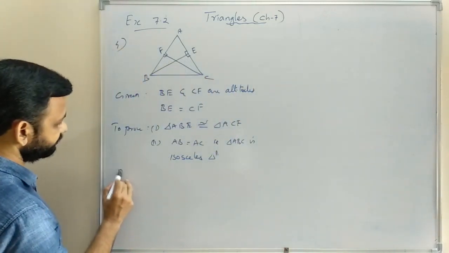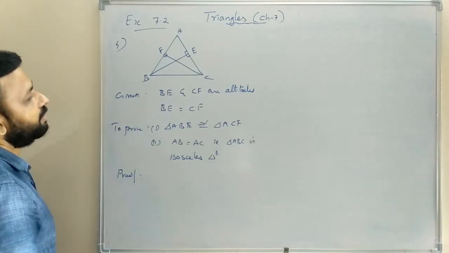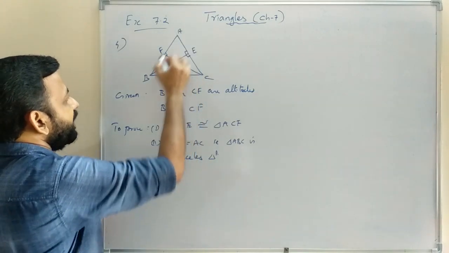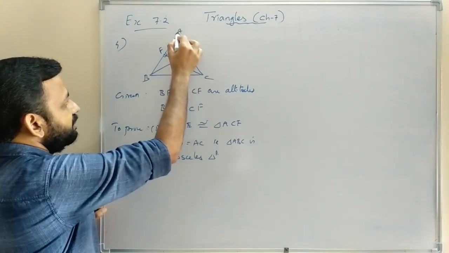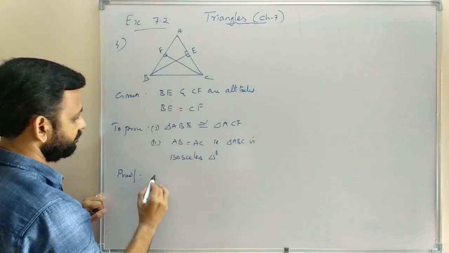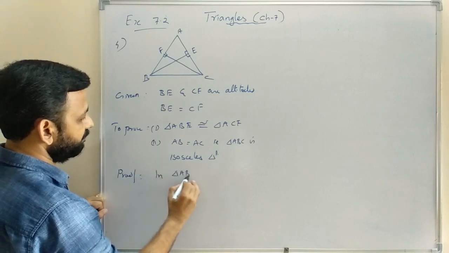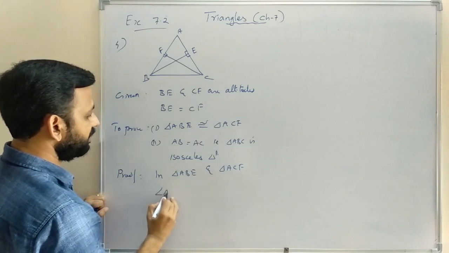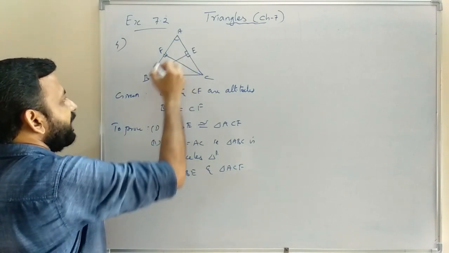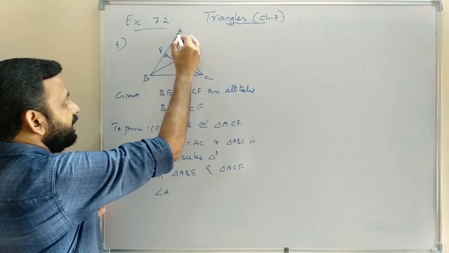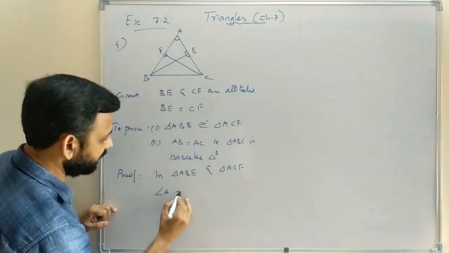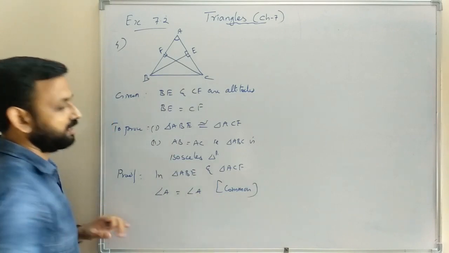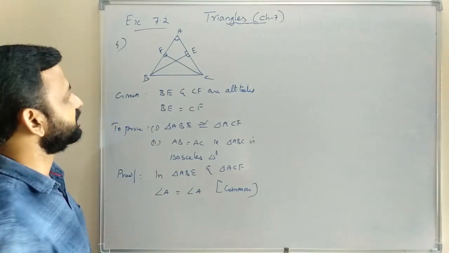So proof. We need to prove triangle ABE congruent to triangle ACF. In triangle ABE and triangle ACF, angle A of triangle ABE equals angle A of triangle ACF. Angle A equals angle A, reason common. In the previous question we have written the same steps.